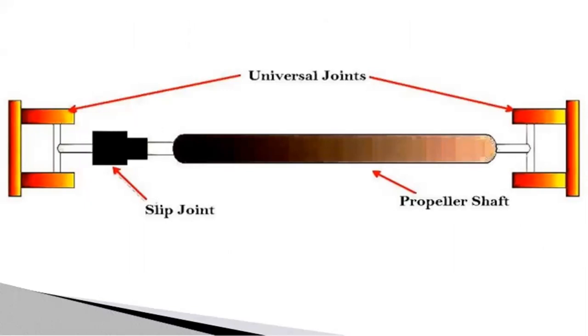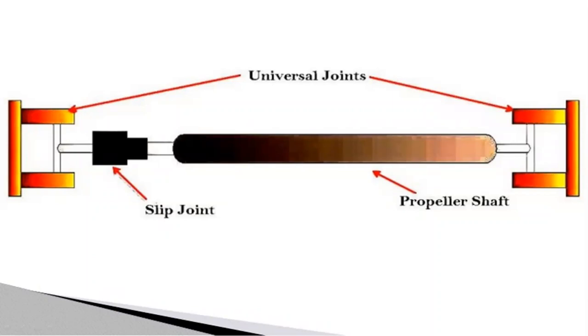So where should we place this, and what type of joints are used to place this propeller shaft? The propeller shaft is joined by using universal joints. One end of the universal joint is connected to the engine shaft, and the other end of the joint is connected to the differential shaft.